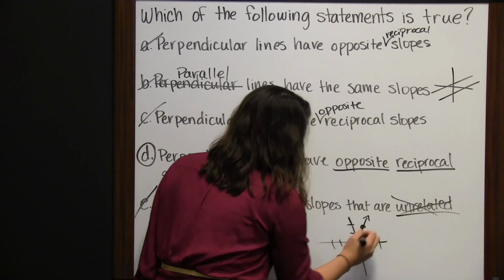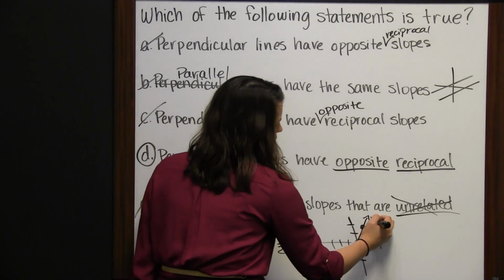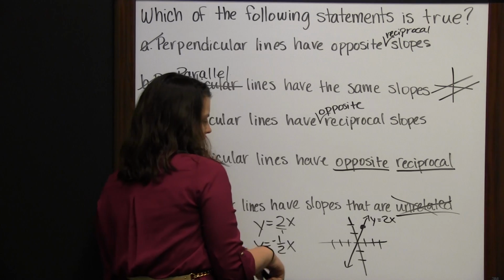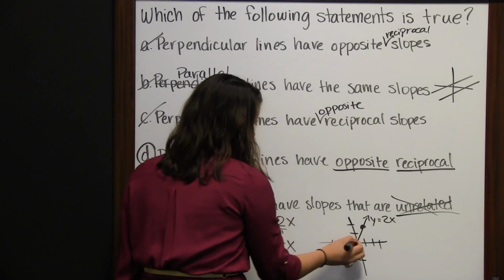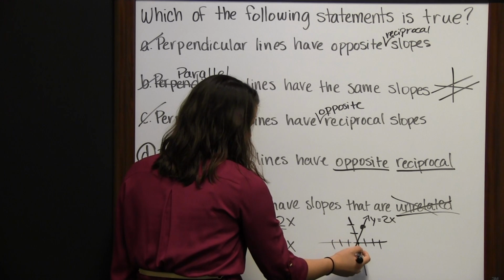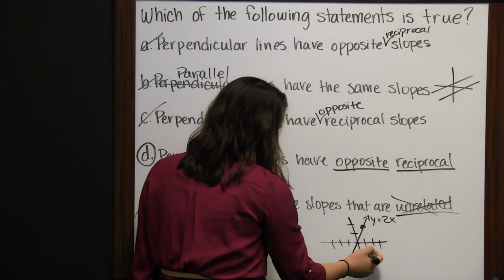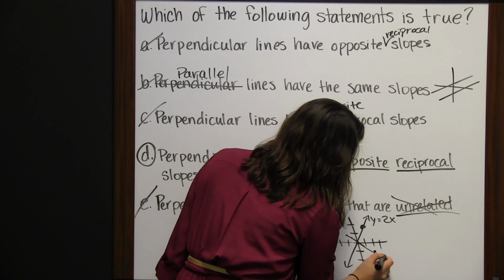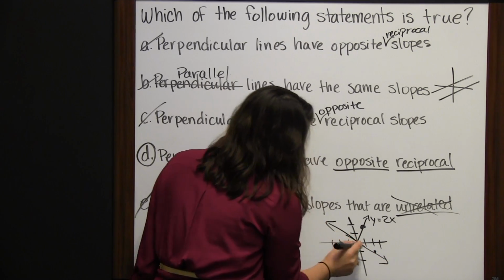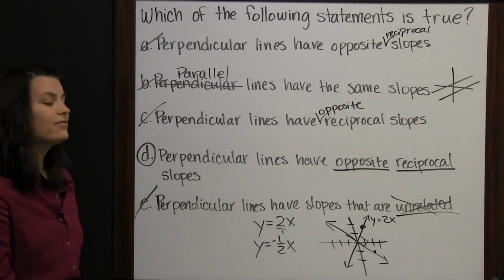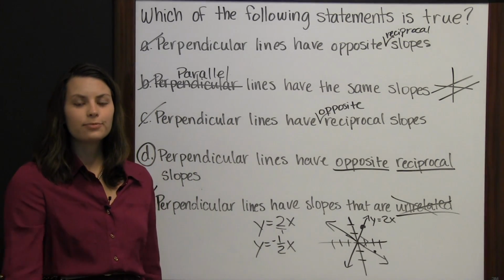So there is that line, the y equals 2x line. And then y equals negative 1/2 x, again, would also go through the origin since it has no y-intercept. And from there, we would go down 1 and over 2. So you can see how these lines intersect each other at right angles because they have opposite reciprocal slopes.